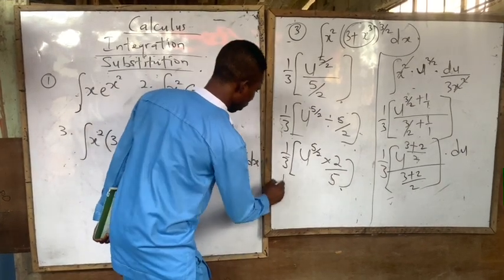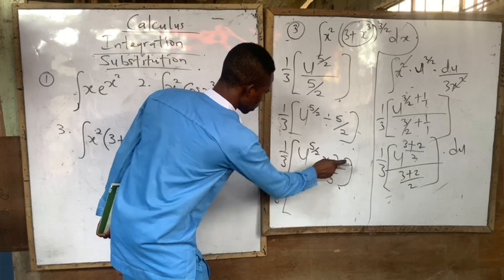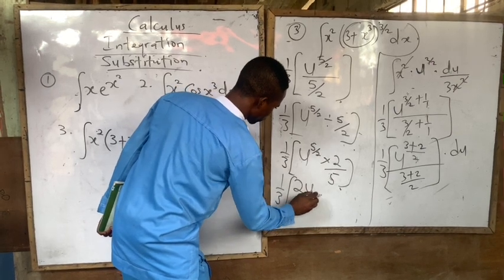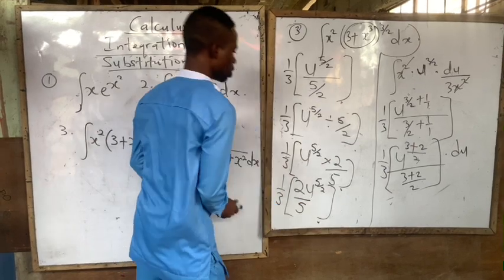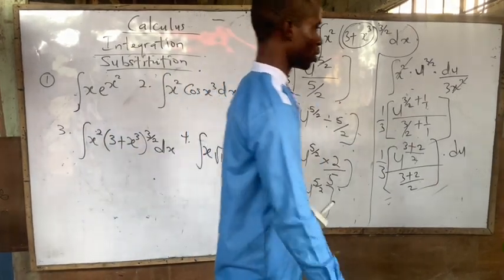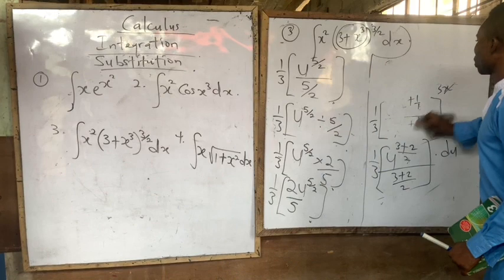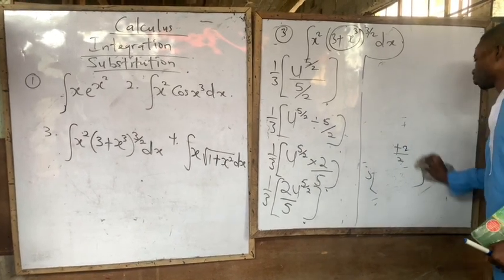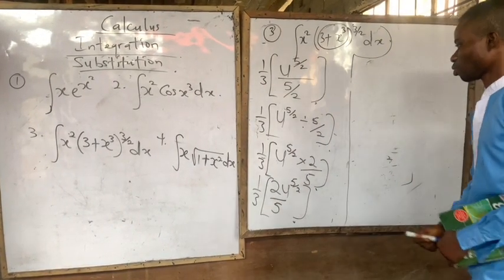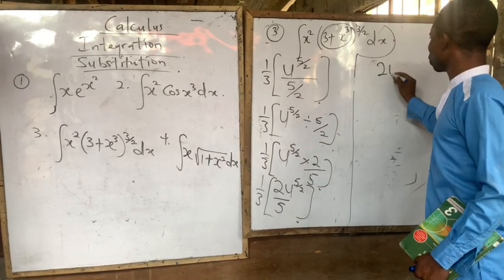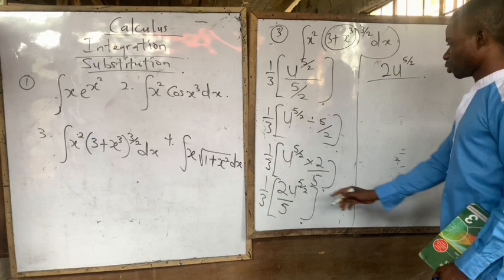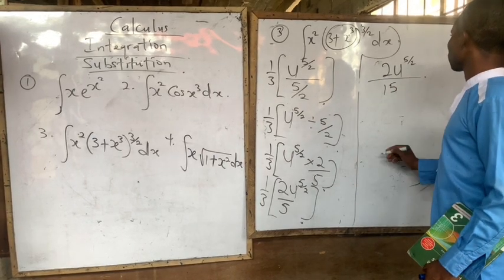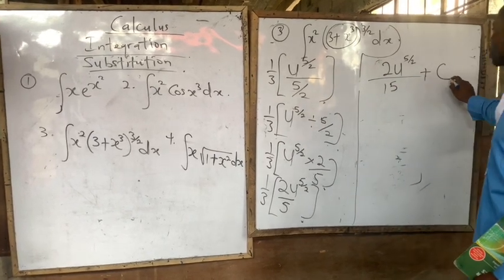Actually, it will give us 1 all over 3 times 2u all over 5. So finally we're going to have 1 times 2u raised to power 5 all over 2, all over 3 times 5, that is 15, plus arbitrary constant.